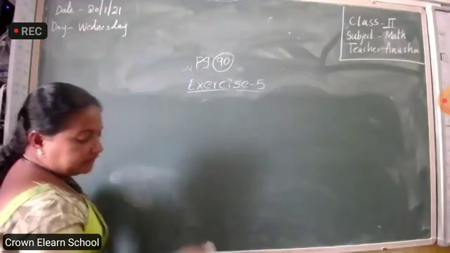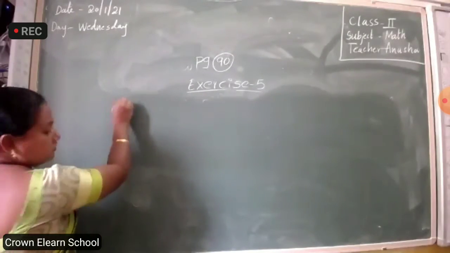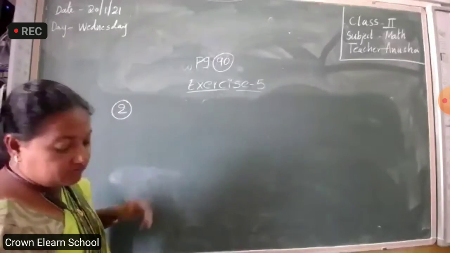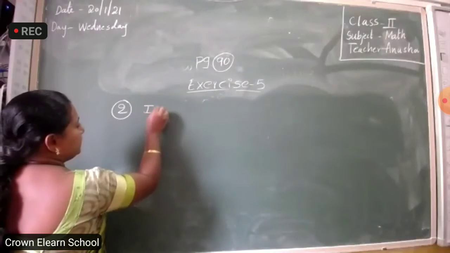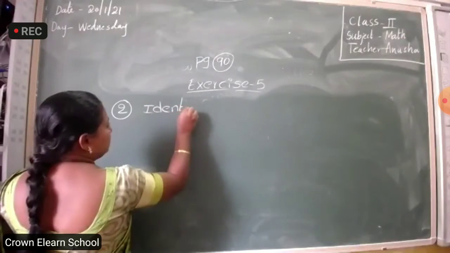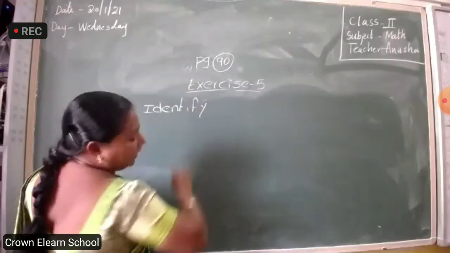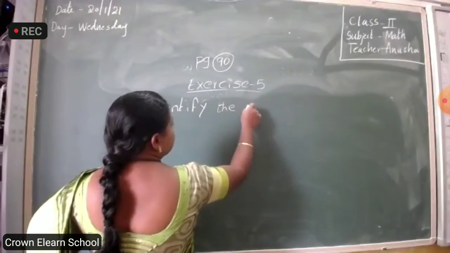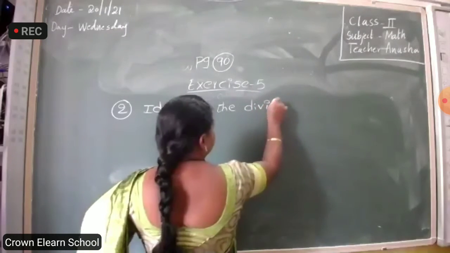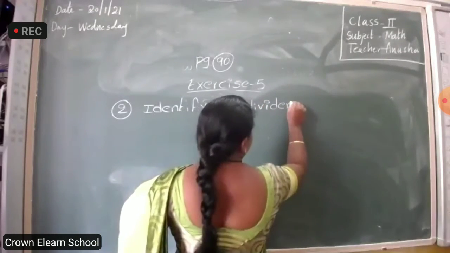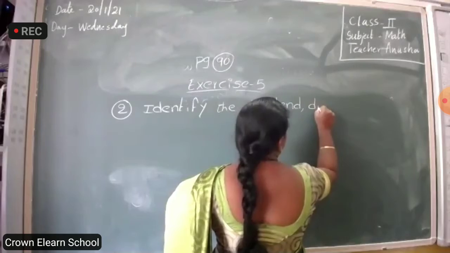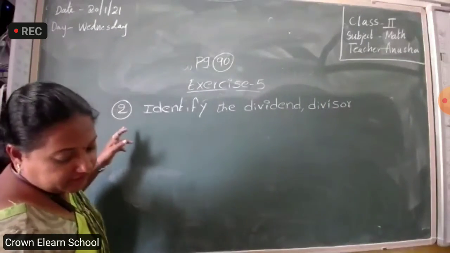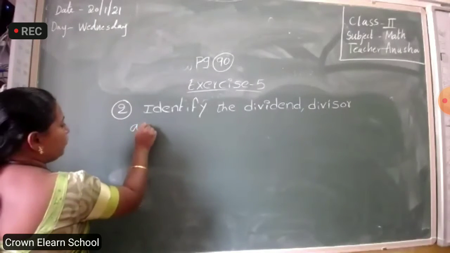Now, in that only second Roman is there. Once you see down, identify the dividend, divisor and coefficient.